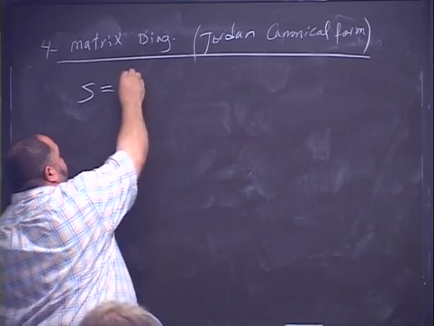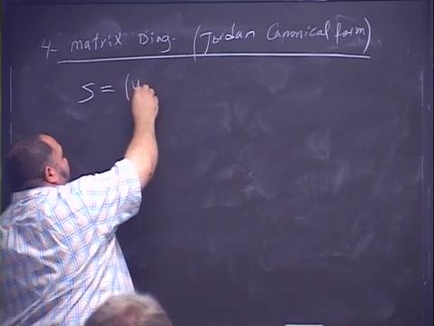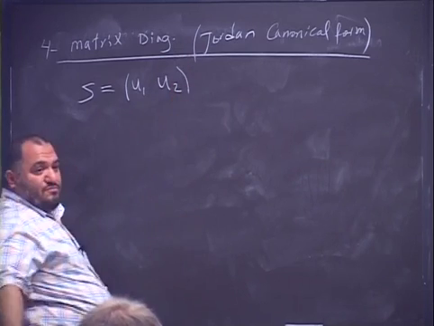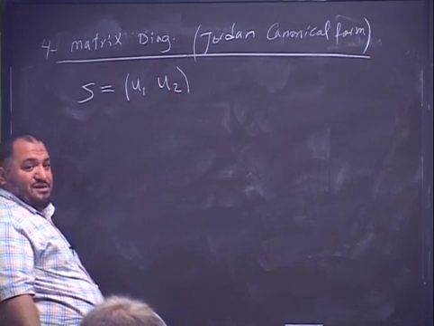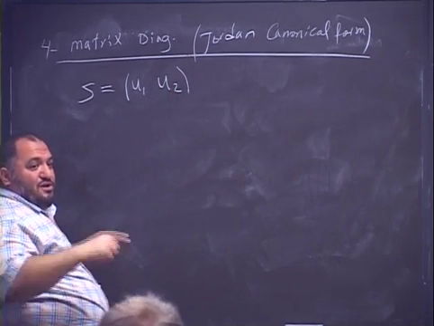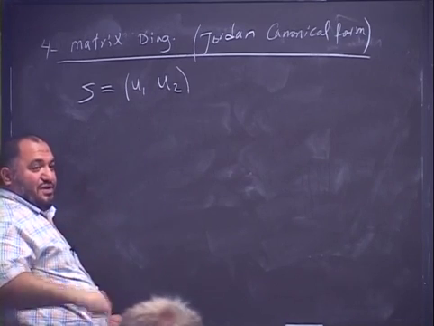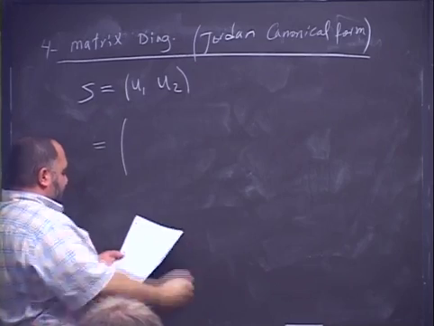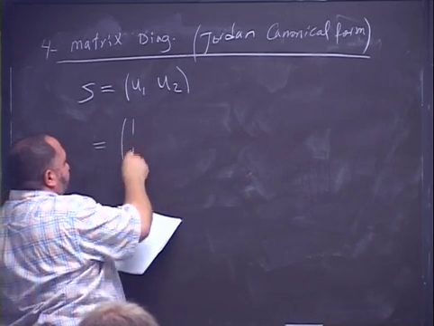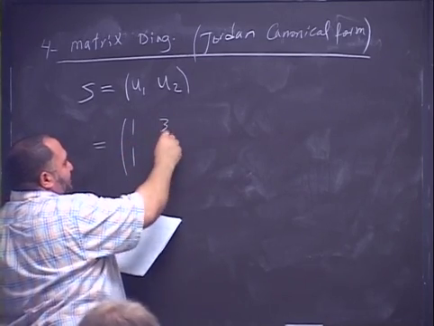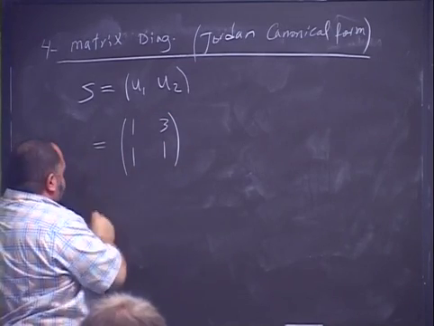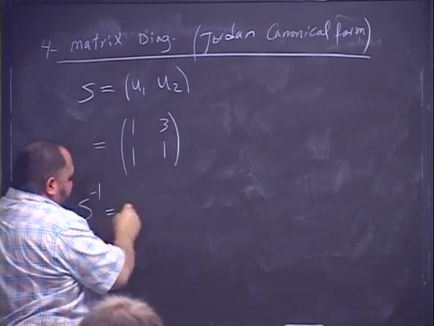So the matrix will be just u1 and u2. Yes, guys? So the matrix is composed of the first eigenvector and the second eigenvector. So what's the first eigenvector? And what's the second eigenvector? 3, 1. How to get the inverse of S?